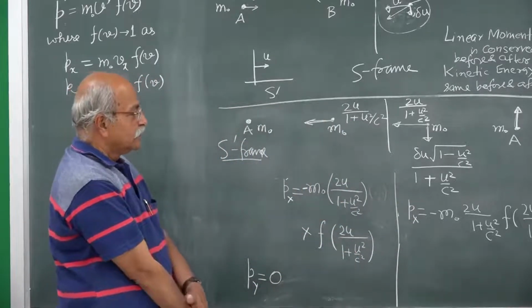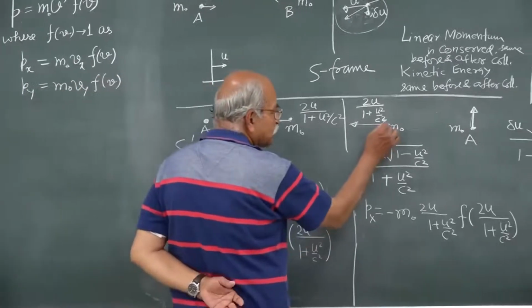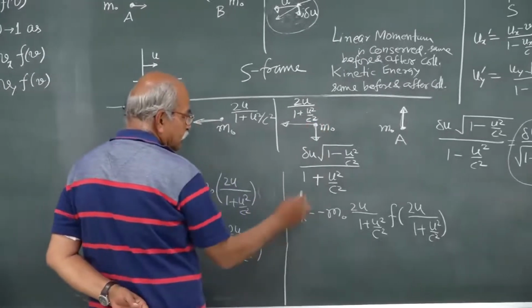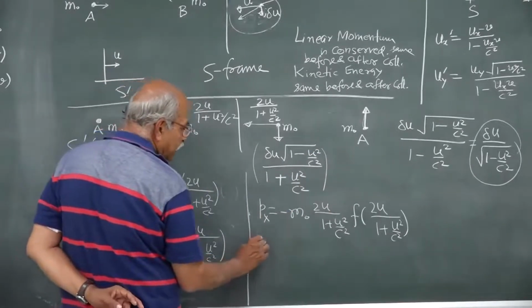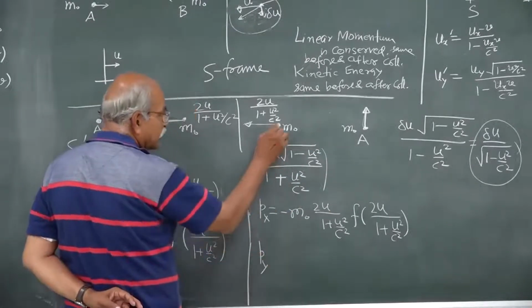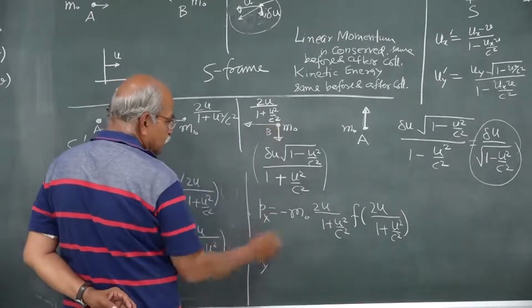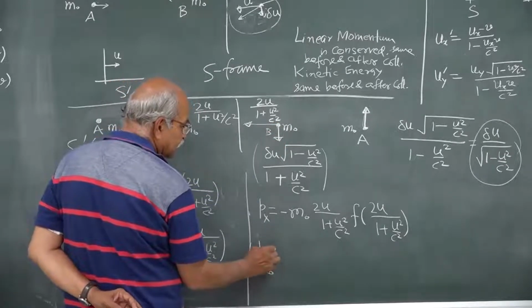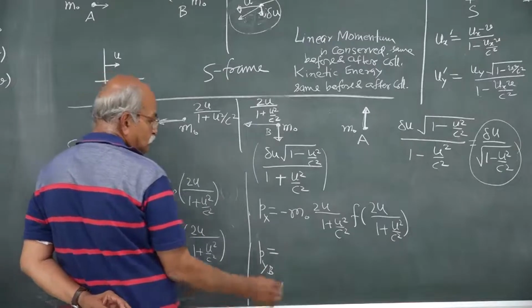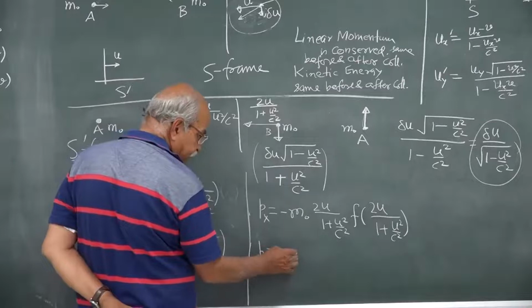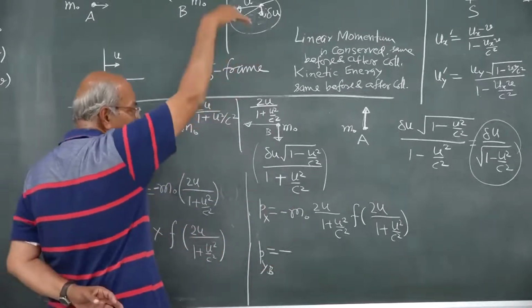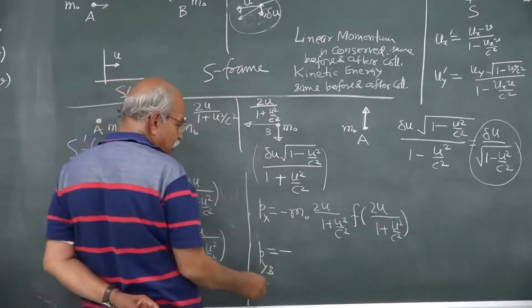Py. So look at this particle here, this B particle here, this is the velocity, this is the velocity. So py of the first particle, this particle is actually B. So py of B is equal to, the direction is of course negative, y is taken that way, you can also take y this way, no problem.